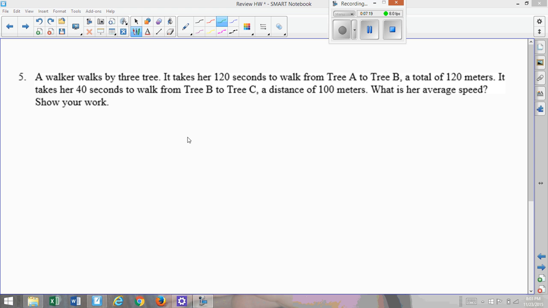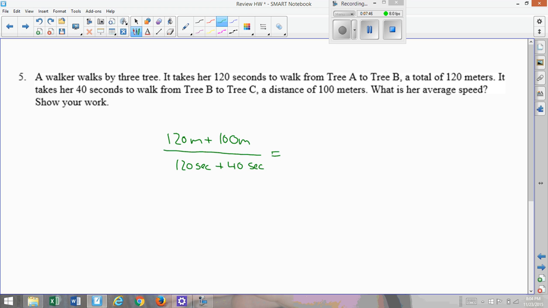you're doing total distance, which is going to be 120 meters plus 100 meters divided by total time, which is 120 seconds plus 40 seconds.